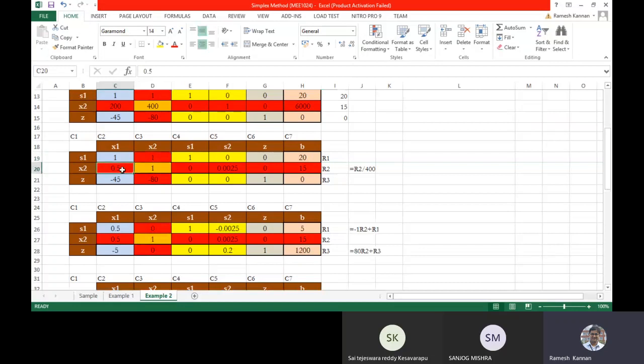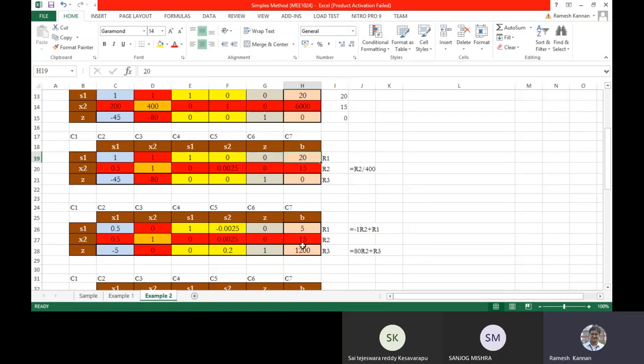So minus 0.5 plus 1 is 0.5. Minus 1 plus 1 is 0. Minus 0 plus 1 is 1. Minus 0.0025 plus 0 is minus 0.0025. Minus 0 plus 0 is 0.